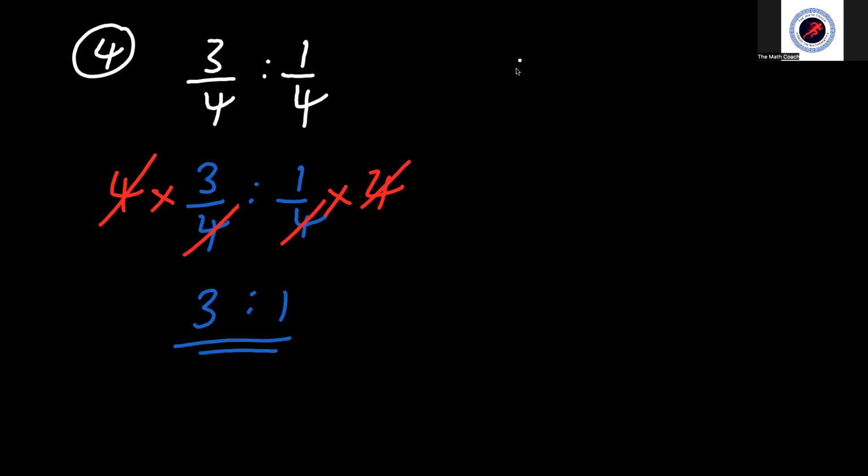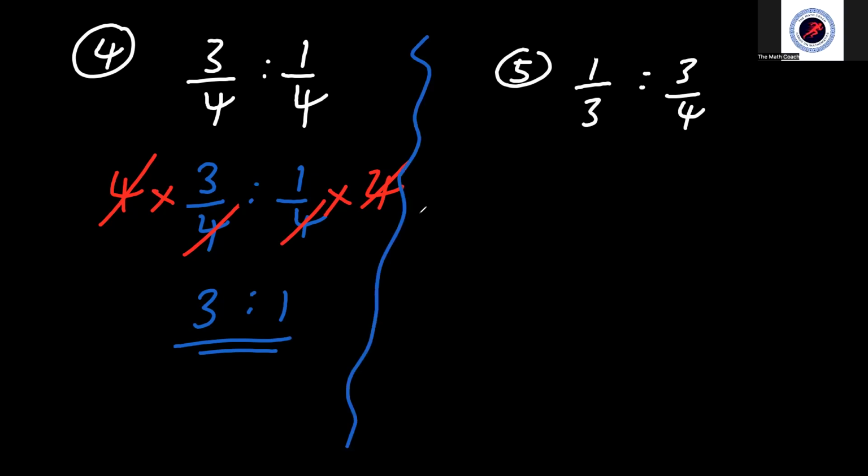The fifth one says 1/3 is to 3/4. Now, using the LCM method, can you find this answer? Okay, let's see. Using the LCM method, we have 3 and 4.